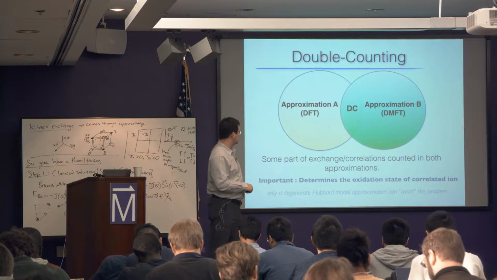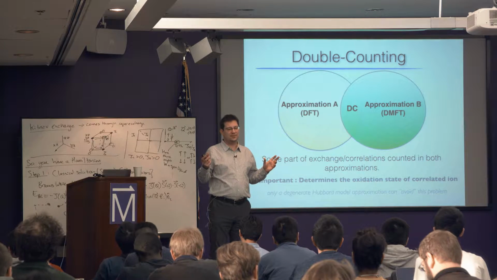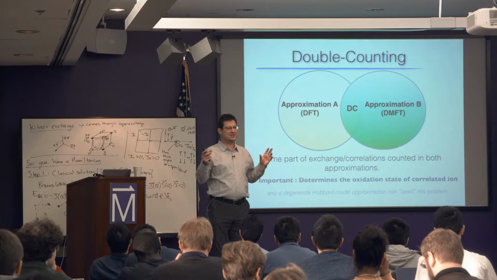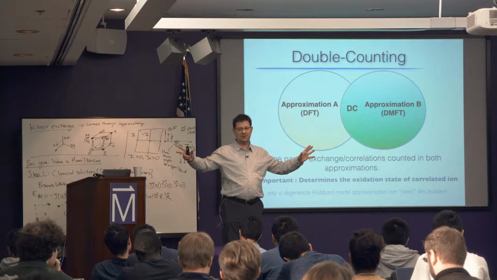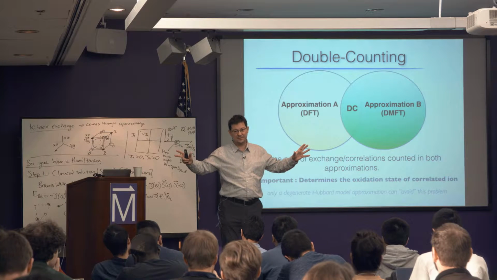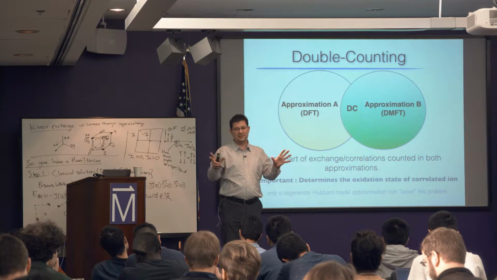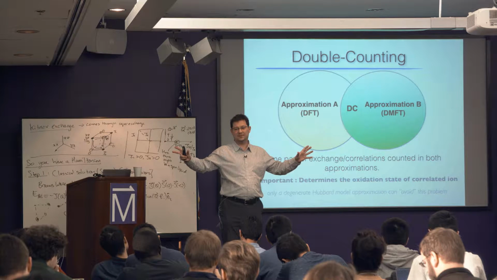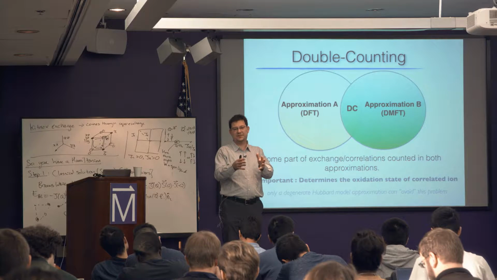Why is this important? Because it determines the oxidation state of the correlated ion. The way you should think of this double counting is basically, if you have some itinerant states on which the Coulomb interaction is very small, and basically in DFT we don't add Coulomb repulsion, but in general it means that they are very itinerant, and then you have some states on which the Coulomb repulsion is very large.